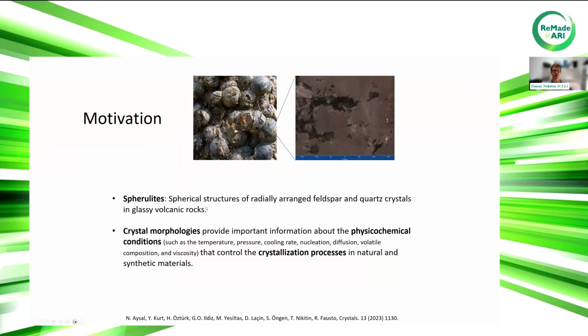These spherulites are spherical structures of radially arranged feldspar and quartz crystals in glassy volcanic rocks. And the motivation of the study was that crystal morphologies provide important information about the physicochemical conditions that control the crystallization process in natural and synthetic materials.